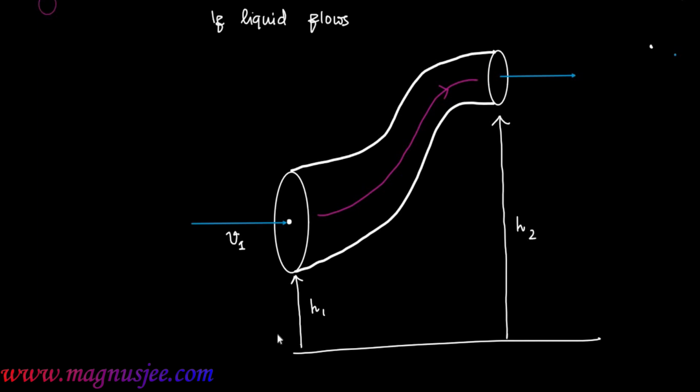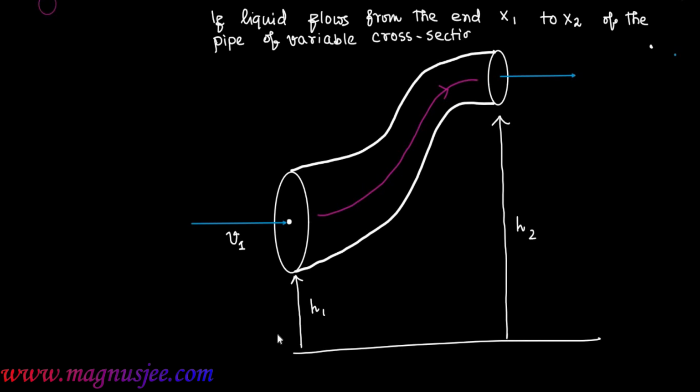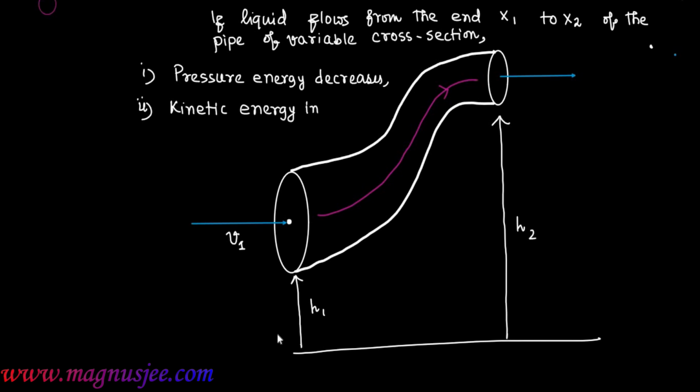If the liquid flows from the end x1 to x2 of the pipe of variable cross section, number one, pressure energy per unit volume decreases, kinetic energy increases because area of cross section decreases, and potential energy also increases.